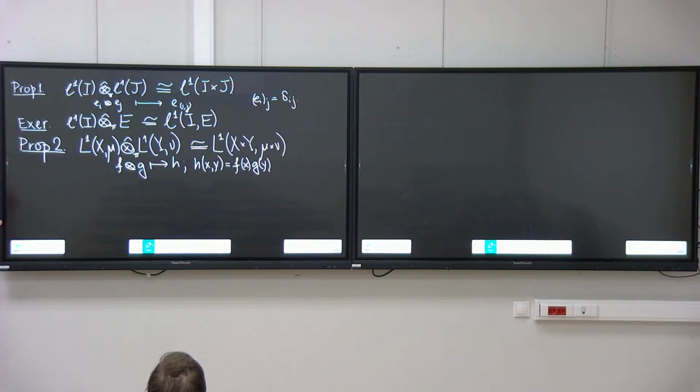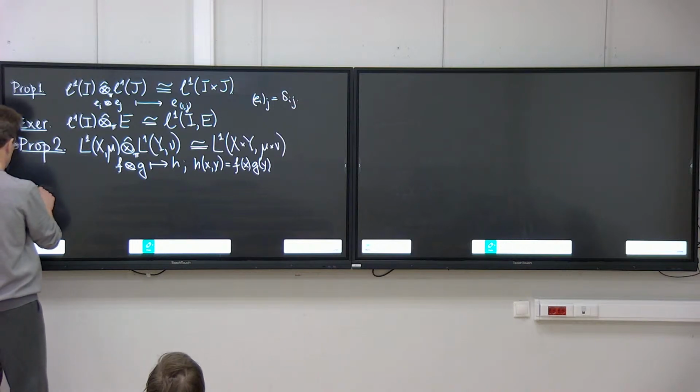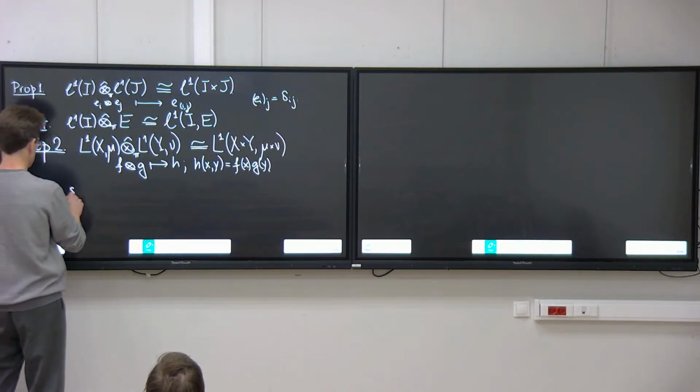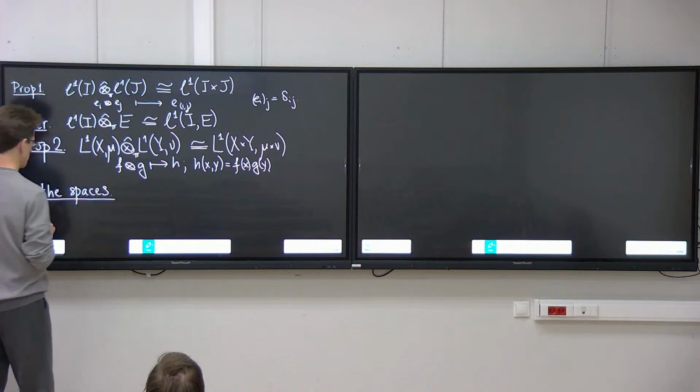Proposition 1 also has a useful locally convex generalization. And to discuss this generalization, at the end of the previous lecture, we introduced the so-called Köthe spaces. So let's recall the definition of a Köthe space.